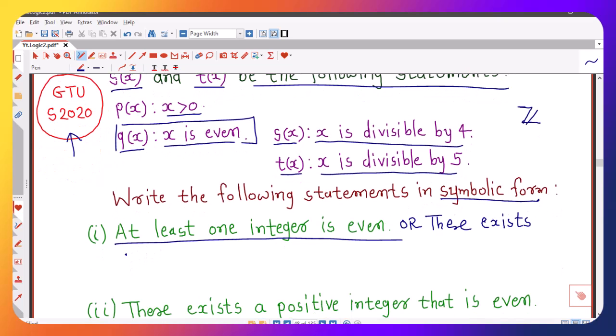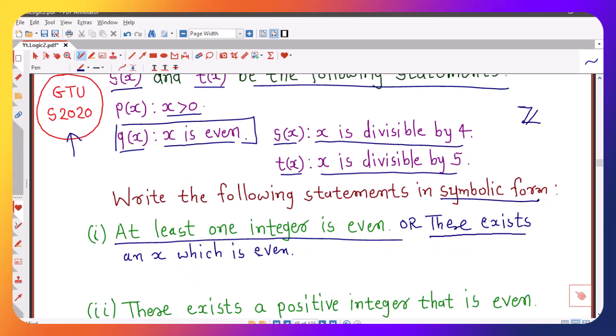Whenever some property is true for some elements in the domain, we use the existential quantifier.